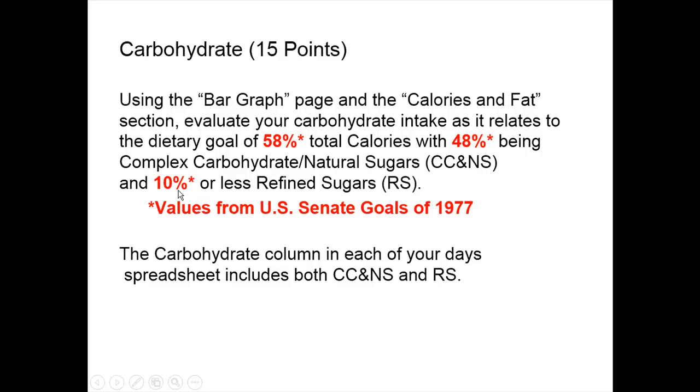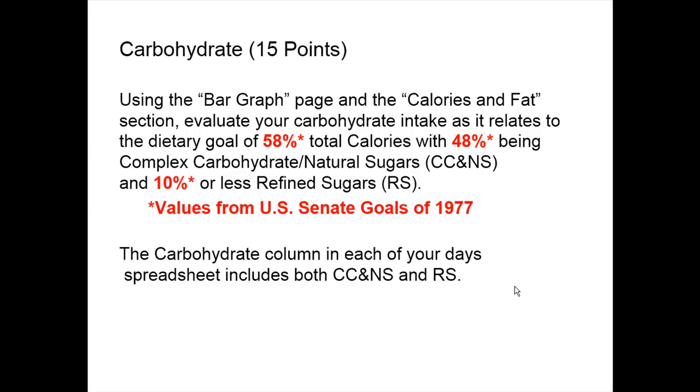And then we want 10% or below of what we're going to call refined sugars, which would basically be added sugars. So then we're going to use this, and then to make our changes and what kind of foods we would need to adjust, we're going to be using the spreadsheets that you have within your all daily reports.